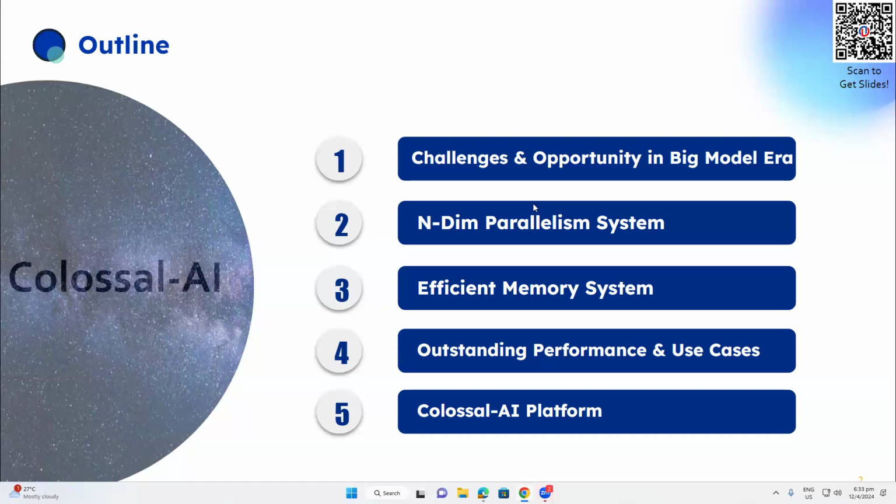You need very high parallelism. You need to make sure all the processors are fed. You give them enough food, otherwise they will be hungry, and the GPU utilization will be very, very low. So that's why we need n-dimensional parallelism.